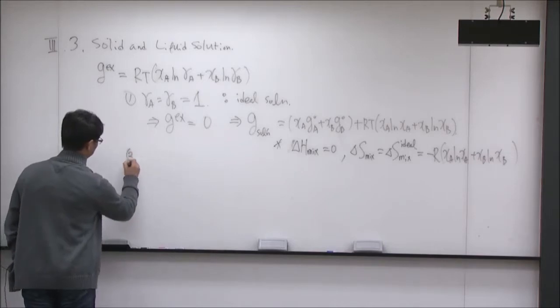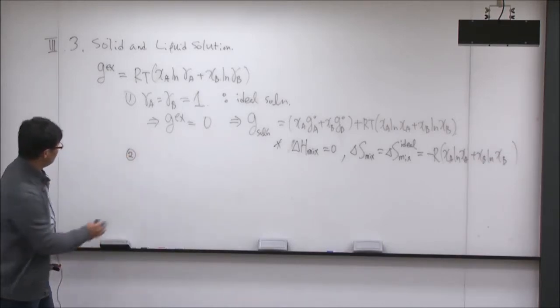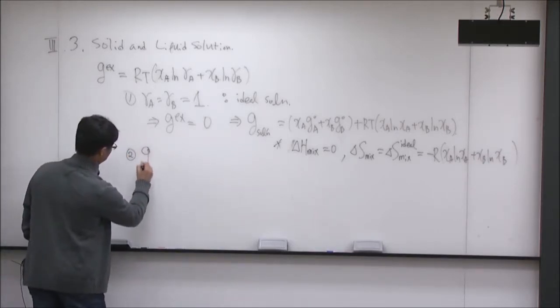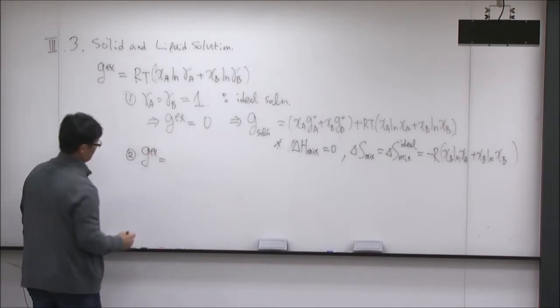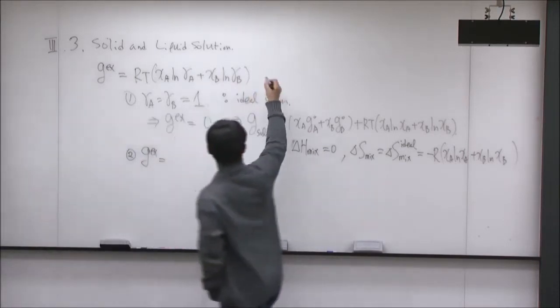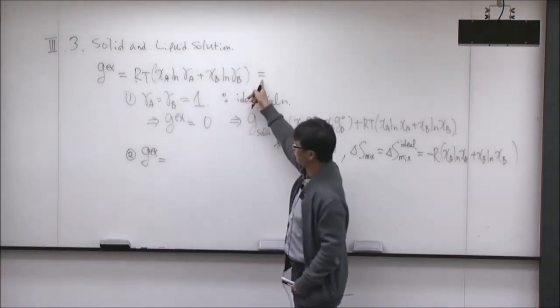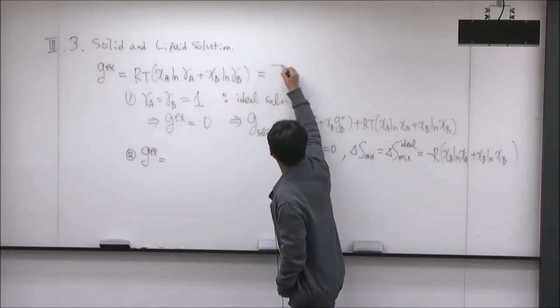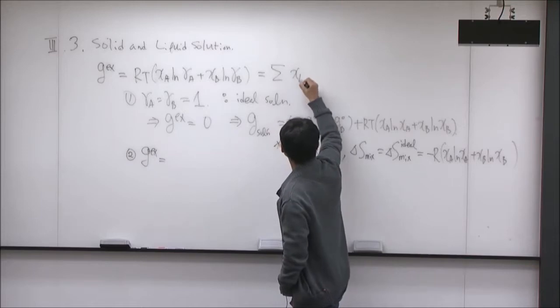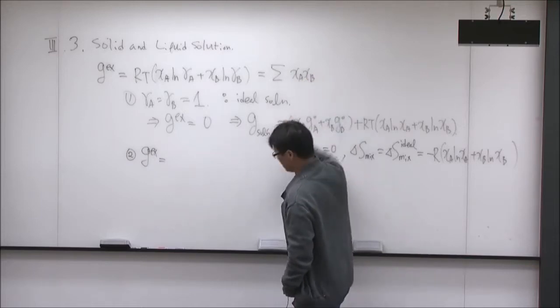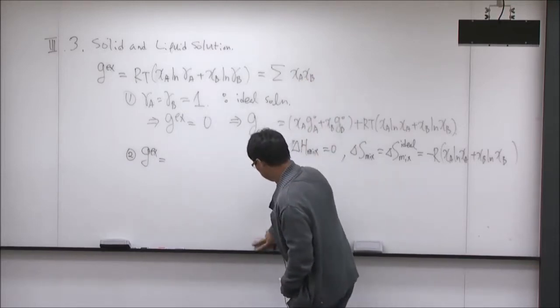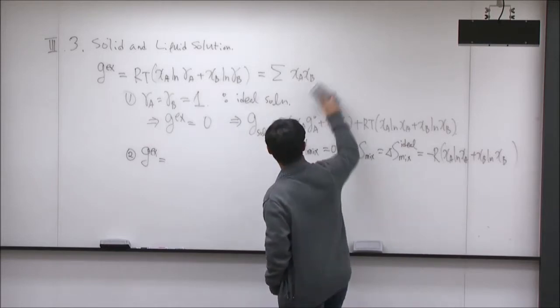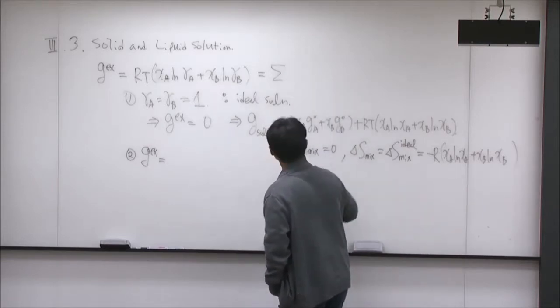Number 2. When this G-excess parameter... actually, I'll just put in this one here. Let's put one more thing. So this one is eventually a function of XA, XB, typically.